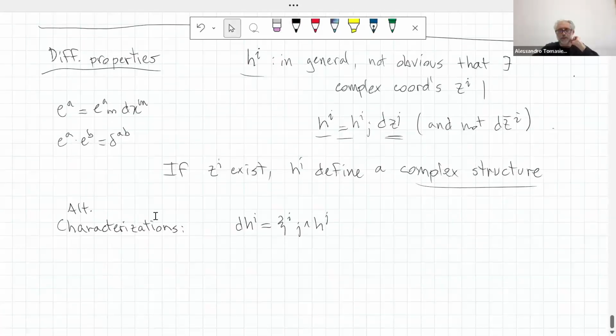In other words, the exterior differential of h^i will always be something wedge some h's. This would not be true if, for example, I encountered a situation where dh^1 is h^2 bar wedge h^3 bar. Well, then this will violate this condition.